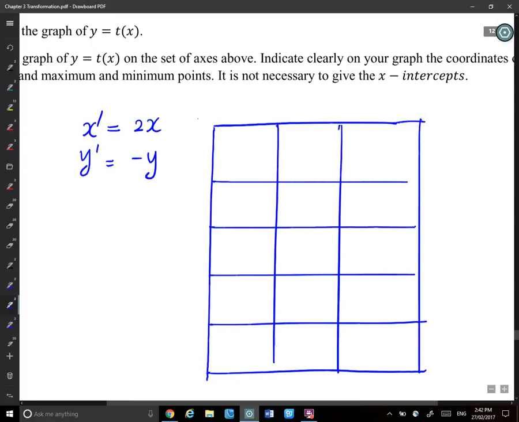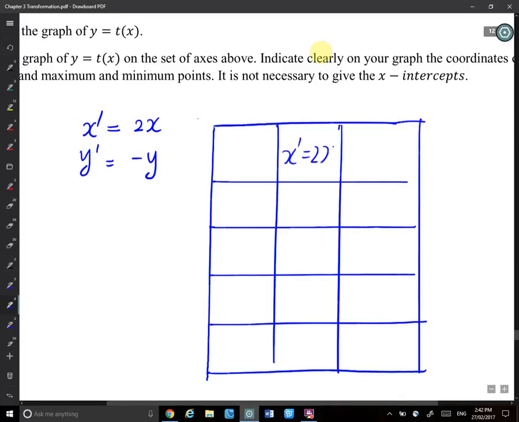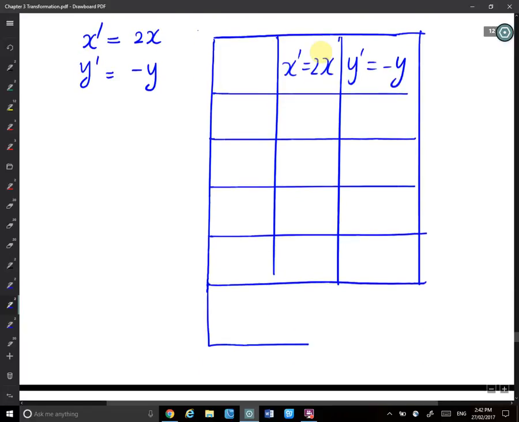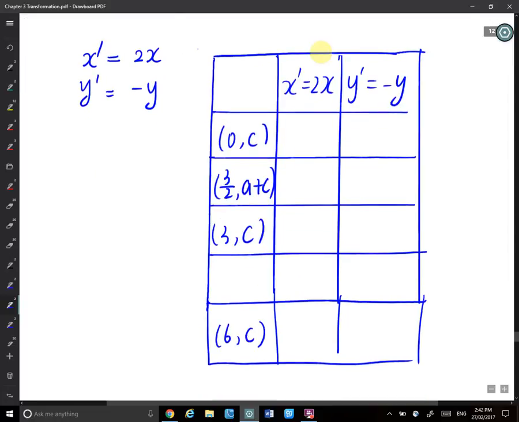Your new x equals 2 old x, and your new y equals the negative of that y. Let's put the 5 points down here. The first one is 0 comma c. The second one is 3 over 2 comma a plus c. The next one is 3 comma c, and 6 comma c. And I have 9 over 2 comma minus a plus c.